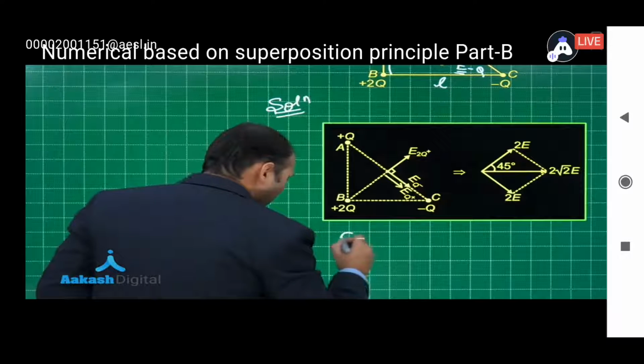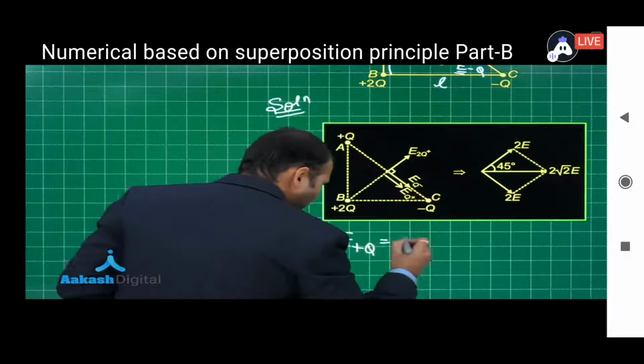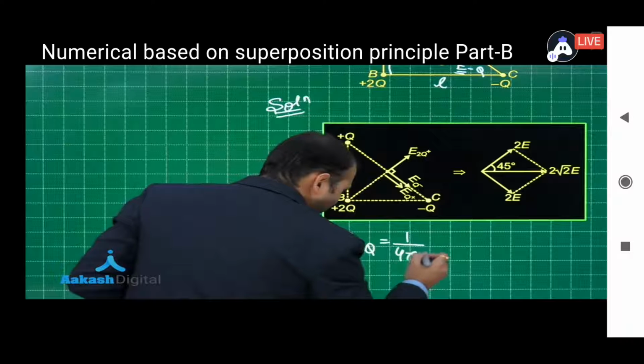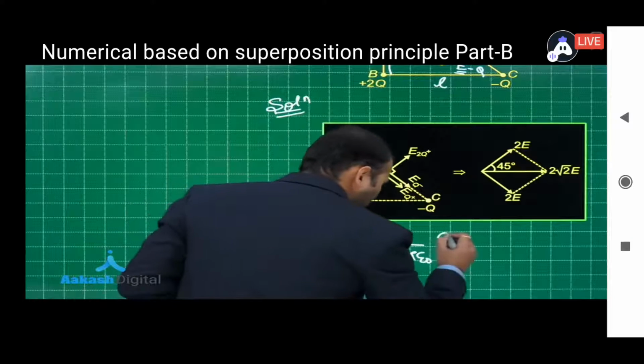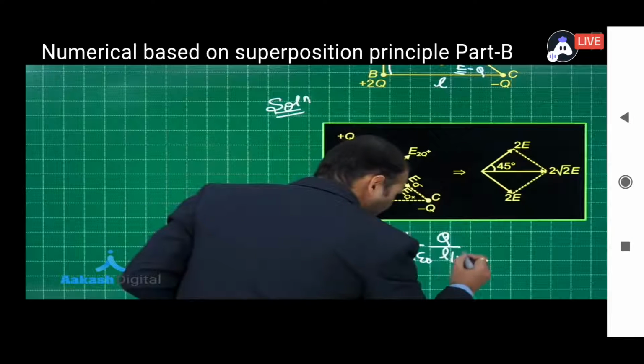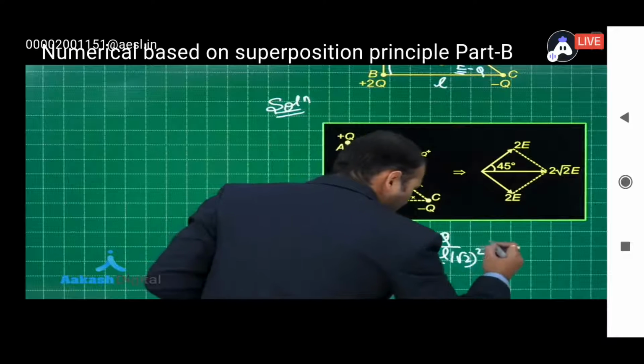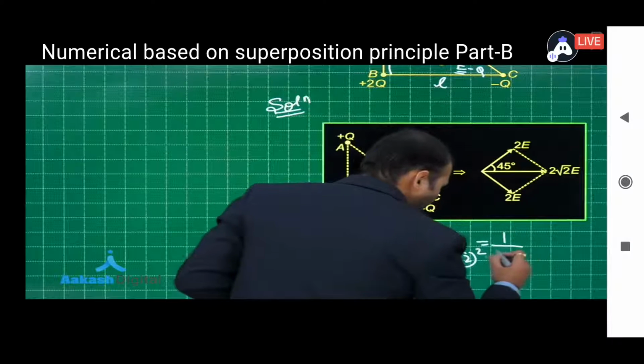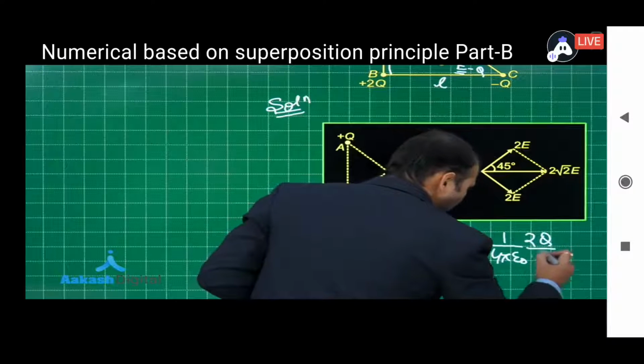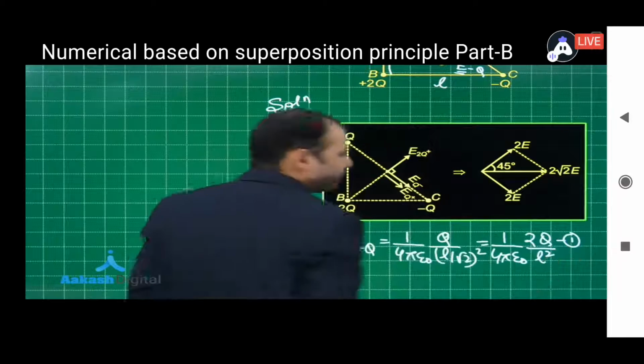So if you put in the values, E of plus Q can be written as 1 upon 4 pi epsilon naught, Q upon (L by root 2) whole square. This can be simplified as 1 upon 4 pi epsilon naught, 2Q upon L square. This is equation 1.